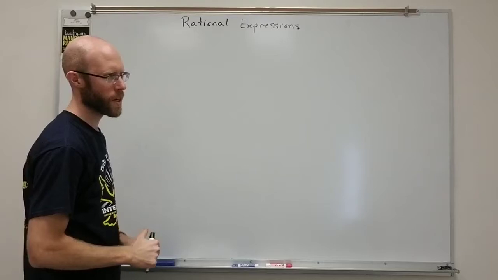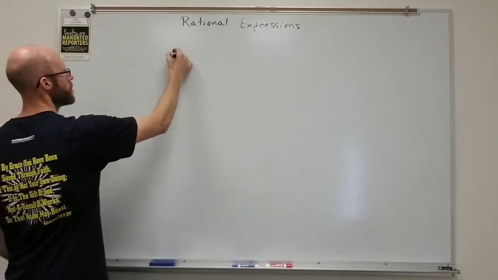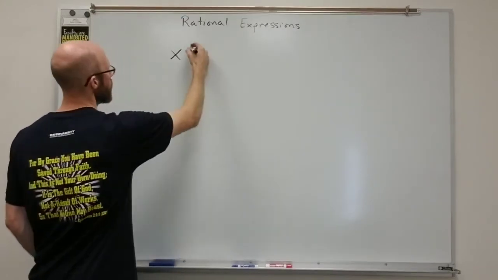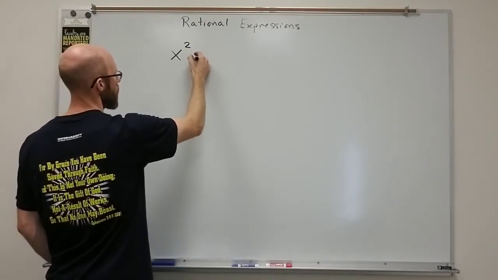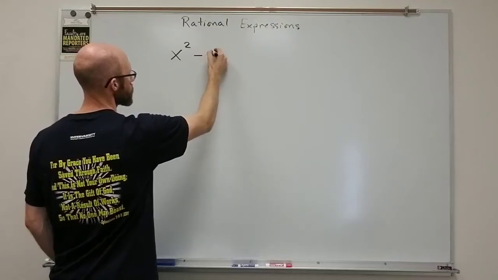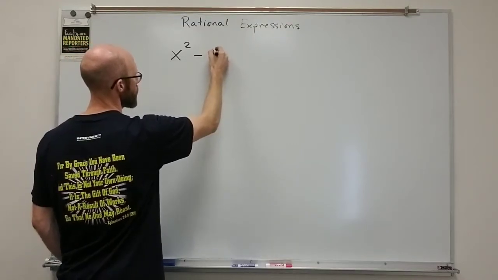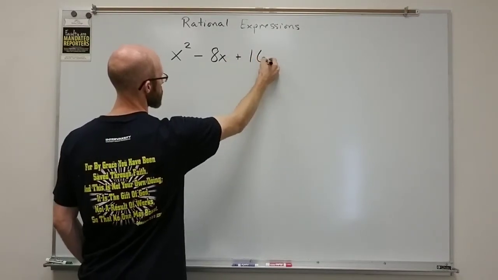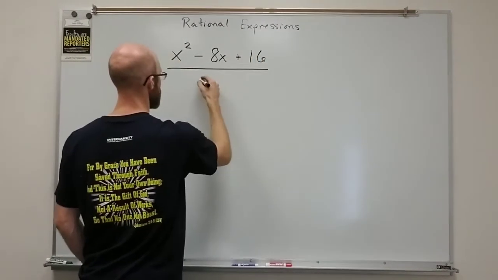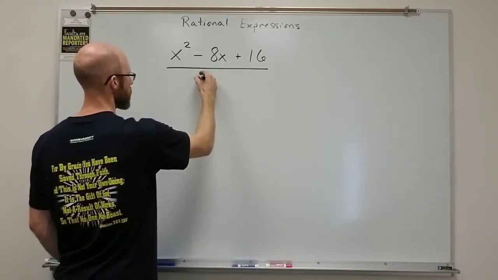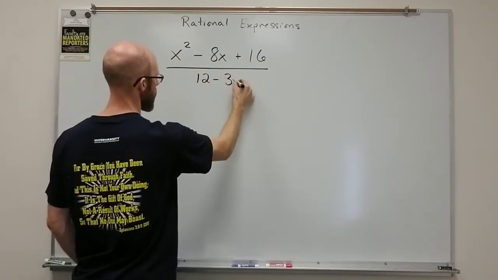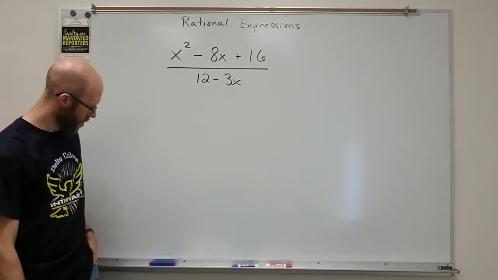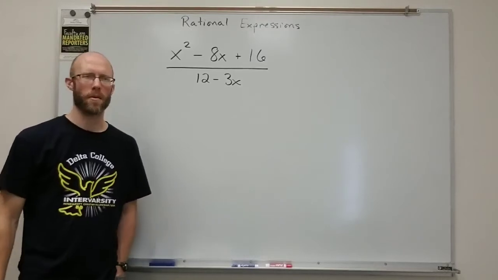If you had something like, let's do x squared minus 8x plus 16 over 12 minus 3x. Okay, so here's an example. Oh, is that right? Yeah, that's right. That'll work. I think we can make that happen.